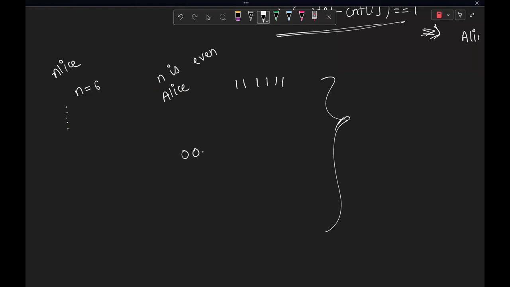Let me take an example. If the string looks like this, maybe, and you chose this larger character, Bob can choose this, and you would be left with this unwinnable game, a game which you can't really win. This can be another motivation for you to remove the character with the smaller frequency, whichever feels more intuitive to you. To me, this one looked more intuitive during the contest, that if I just remove the smaller frequency character, it does not really matter whatever character Bob chooses.